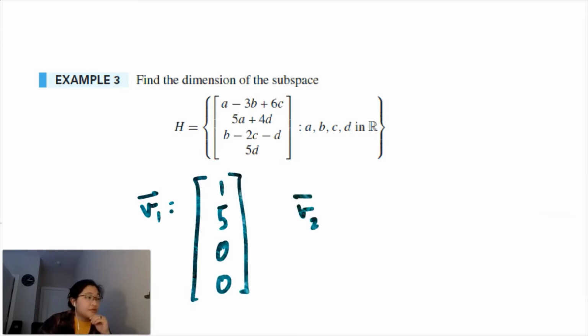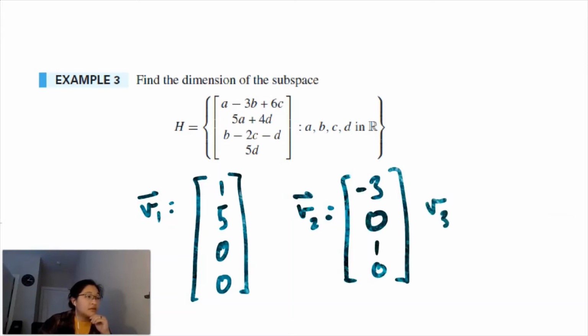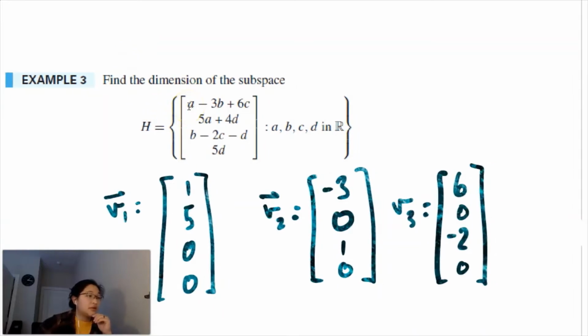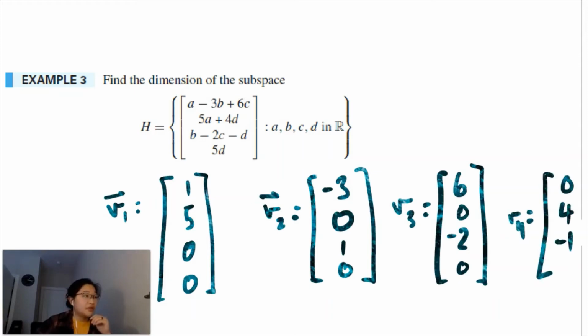V2 is the coefficients of our b's: -3, 0, 1, 0. V3 is our c's: 6, 0, -2, 0. And V4 is our d's: 0, 4, -1, 5.